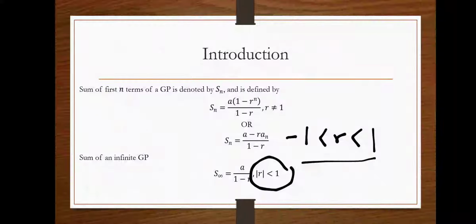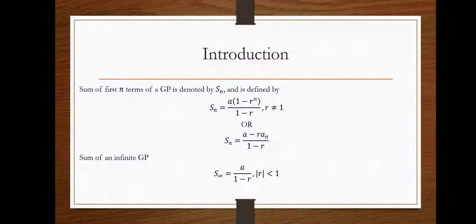The sum will tend to infinity. So to ensure that you get a value of the sum, r must be between minus 1 and 1 so that it converges to a particular sum. That is a very heavy word to use, converge. Anyway, this is exactly what we need to solve the problems in this class. So let us just begin.